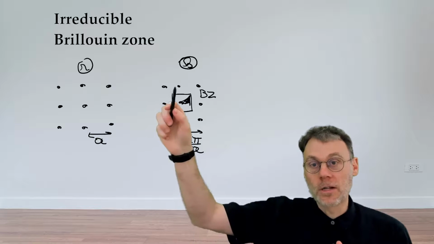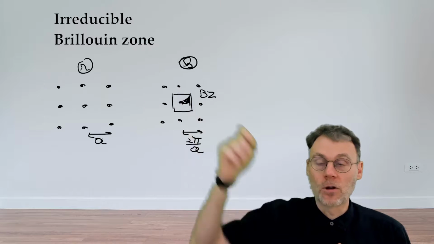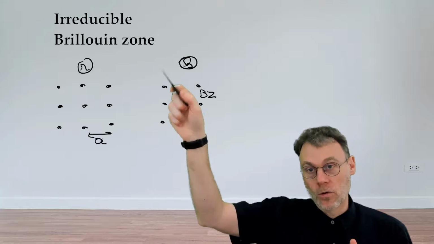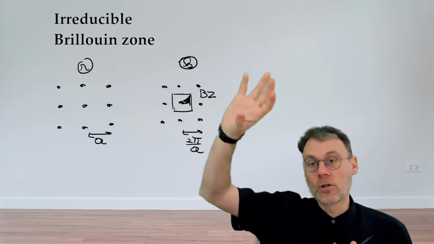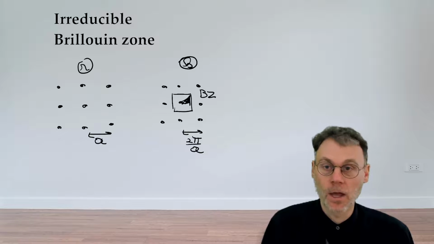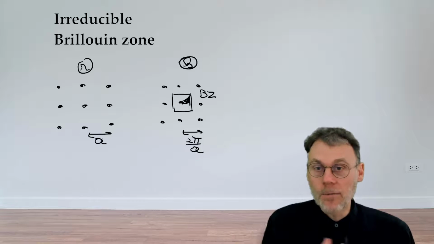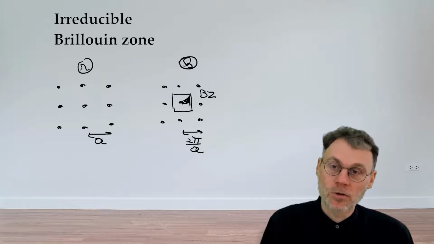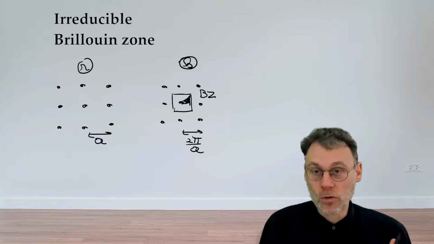If you start from the little triangle and flip it along the diagonal, you end up with 1/4 of the Brillouin zone, and then you just rotate it 3 times and fill up the entire Brillouin zone. The name of this smallest structure inside the Brillouin zone is the irreducible Brillouin zone.